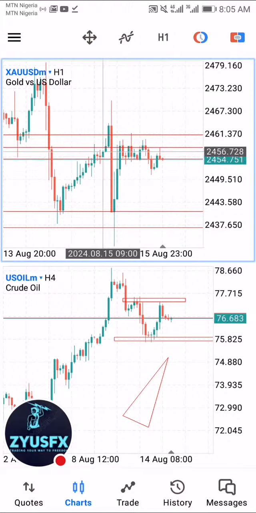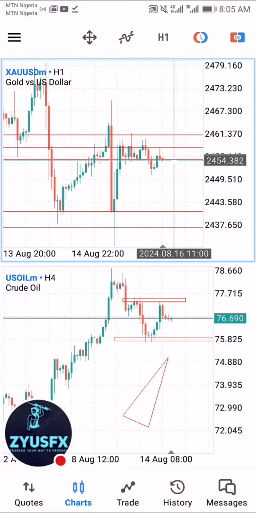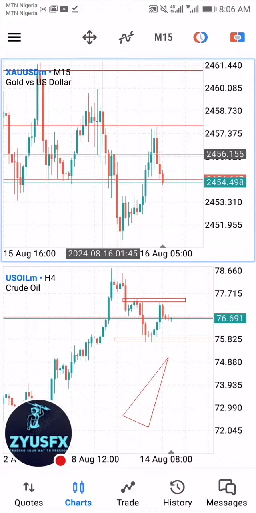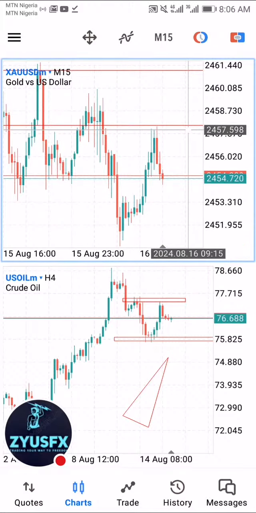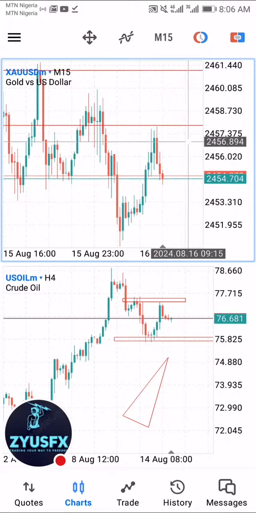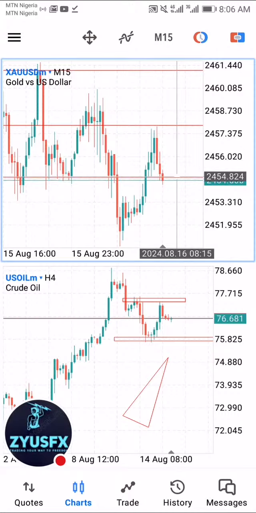We can still sell the market. I love taking trades at key levels, around this level. I don't want to enter trades with a bigger stop loss range.